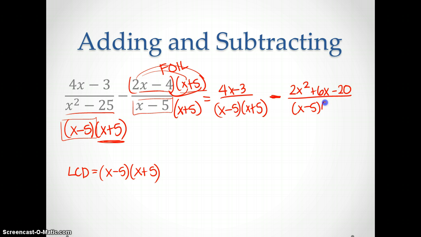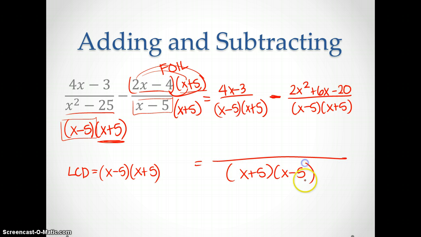And we have our common denominators. All we need to do from here is keep our denominator, x minus 5 and x plus 5, and then combine like terms. If you remember, I cautioned you, be careful about the subtraction. We want to distribute that minus sign into the entire second numerator here. So we want to say 4x minus 3 stays the same, and then we're going to distribute that minus sign.